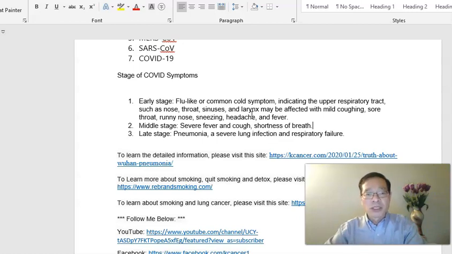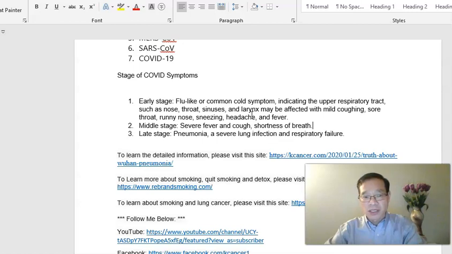So if you see that patients have shortness of breath, that is an indication that the virus may be replicating in the lung, and at this stage that is a very serious sign.